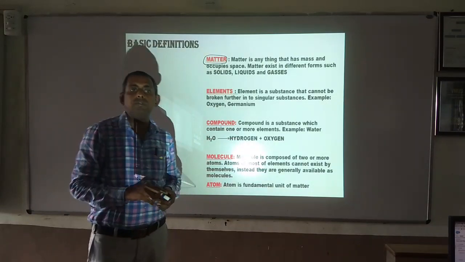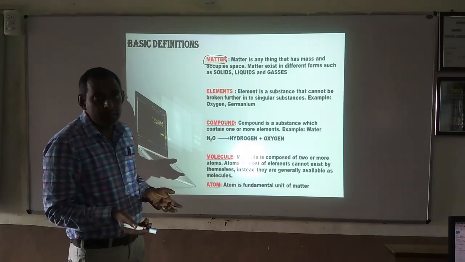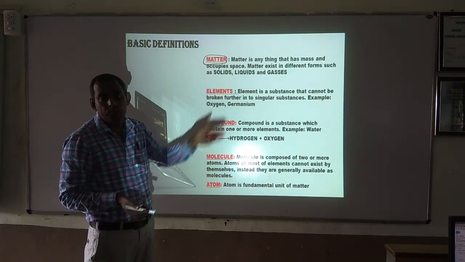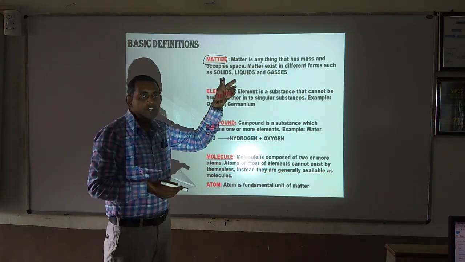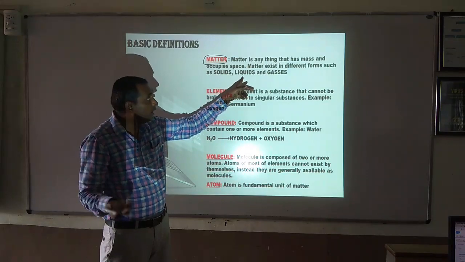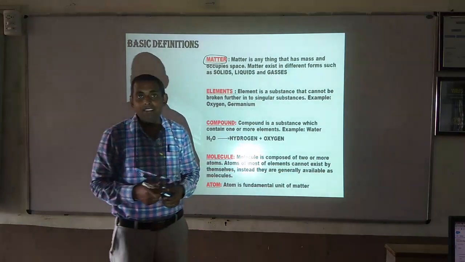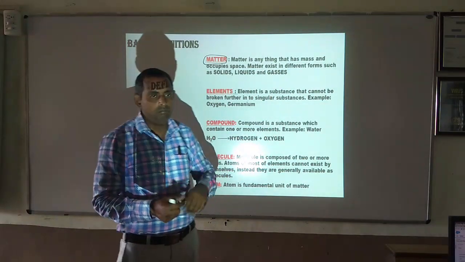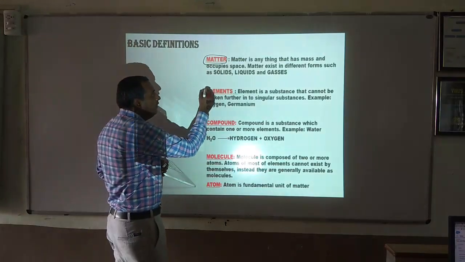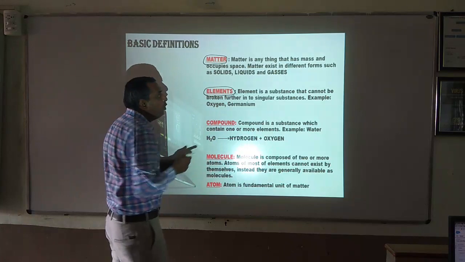Matter exists in different forms. If I say solid, it is like iron. If I say liquid, it is water. If I say gas, it is oxygen. These are some examples of matter. Next comes elements. What do we mean by elements?